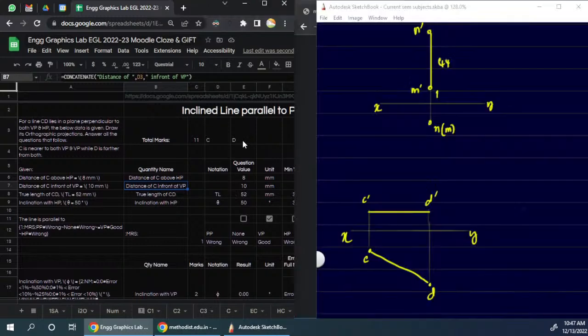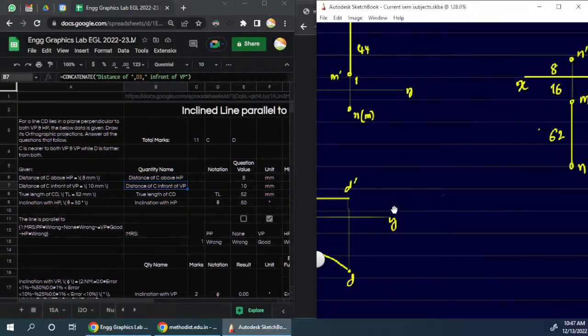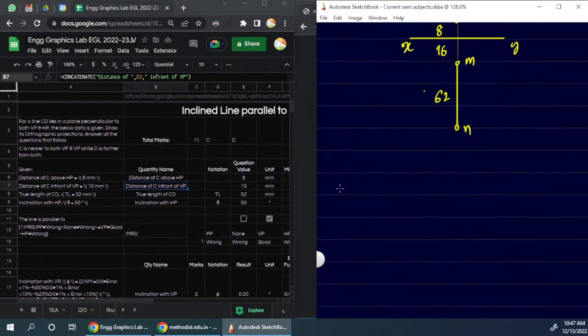So let's go ahead and sketch this again. Start with, this is our XY line. Because this is going to be perpendicular to both, you get the chart over here. So now the C point is nearer to both. It's going to be like this.